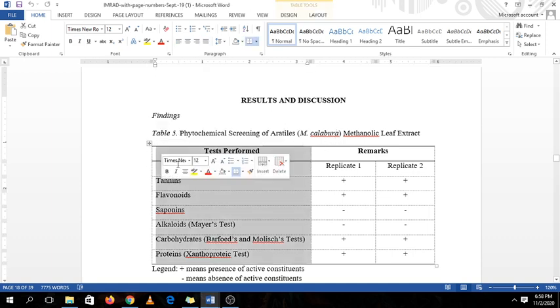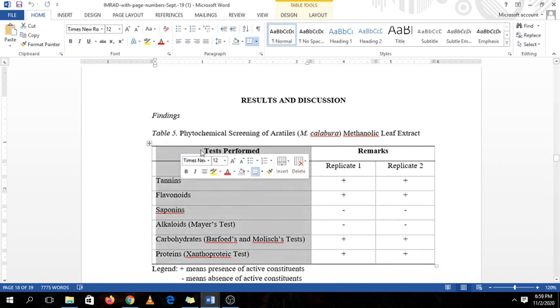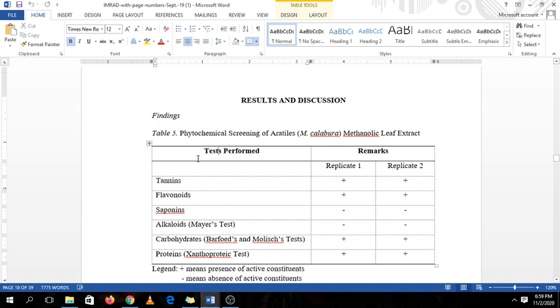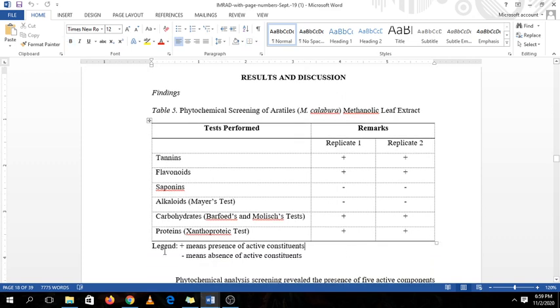Okay? Only three lines have a border. The one on top refers to the subtitle or the subtext of your table, and then the one below, and the one at the very bottom. Those are the lines that have a border.